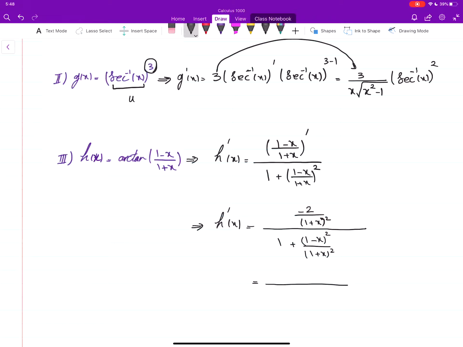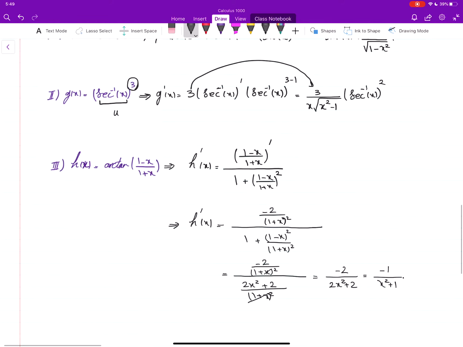I'll just write what we have here: negative 2 over (1 plus x) squared, over (2x squared plus 2) over (1 plus x) squared. This cancels with that. The final result is negative 2 over 2x squared plus 2, which you can simplify a bit more. You get negative 1 over x squared plus 1.